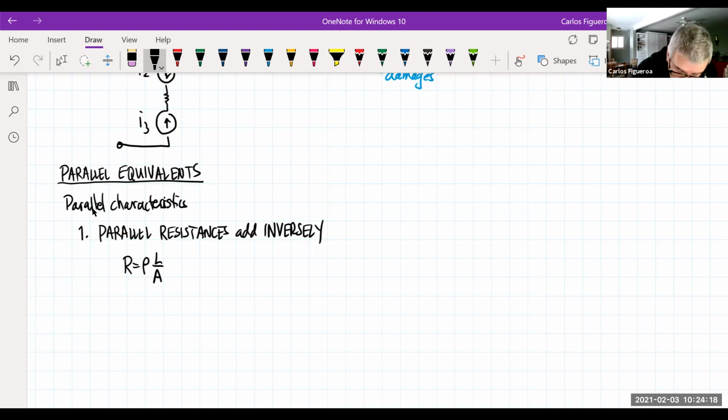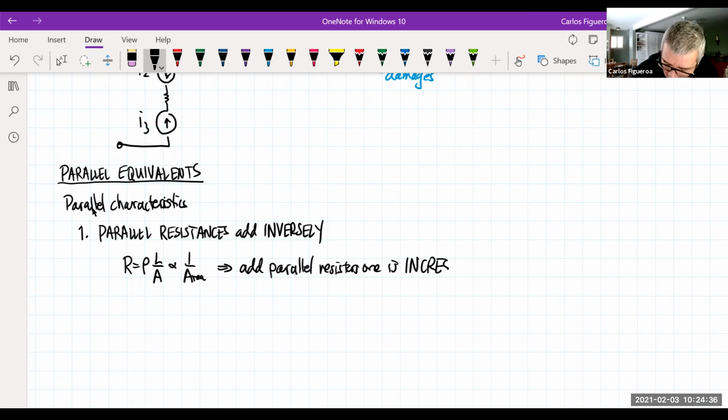So when you add parallel resistors, one is increasing area, not length.